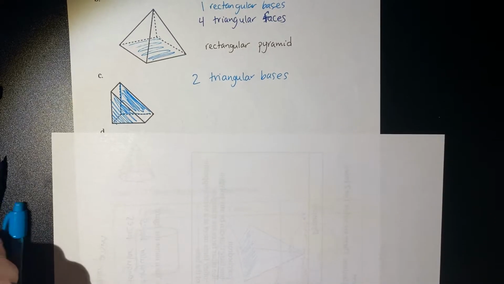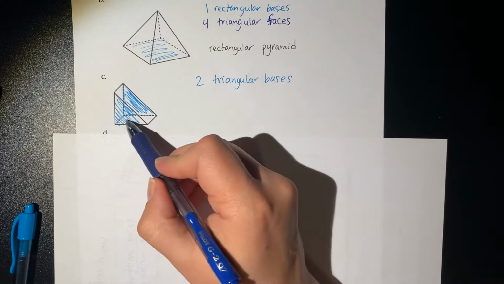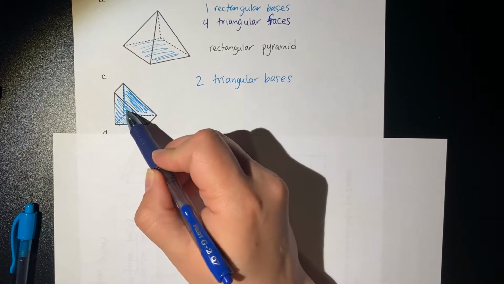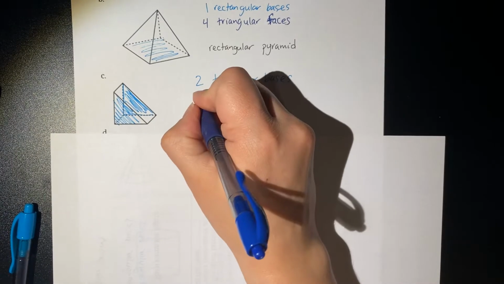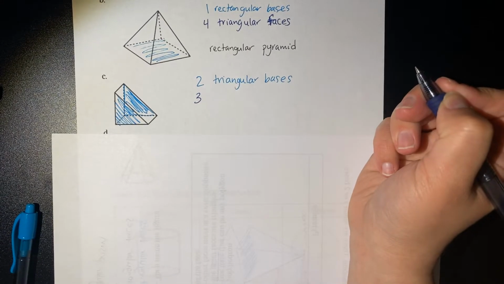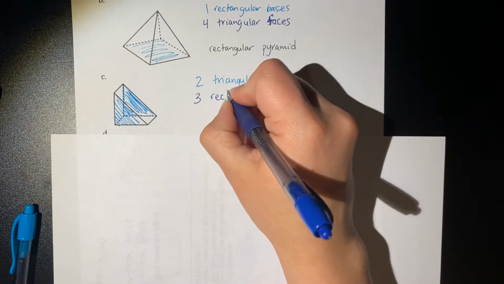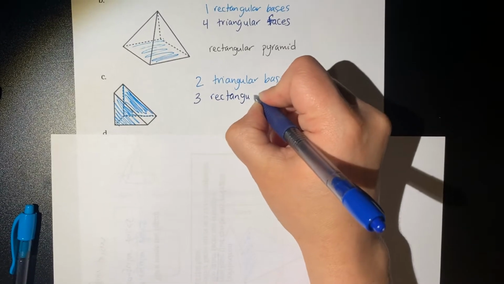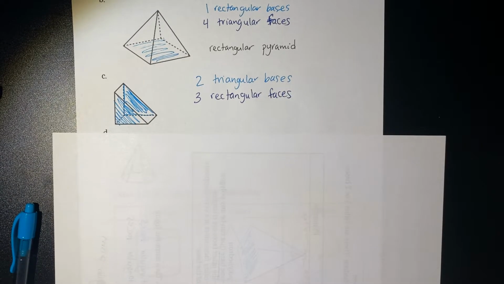All right. So now we got to figure out what's going on with our faces. Well, to connect our triangle, we have to have 1, 2, 3 sides. So we're going to have 3 rectangular faces. Okay.